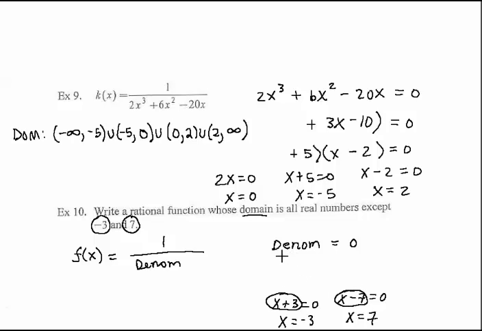To figure out our denominator, all we really have to do is multiply these two together. Originally they were set equal to 0 so that we could find these numbers that were excluded from the domain. So this is what we were looking for. We could just stop there and say this is the factored form of our denominator.